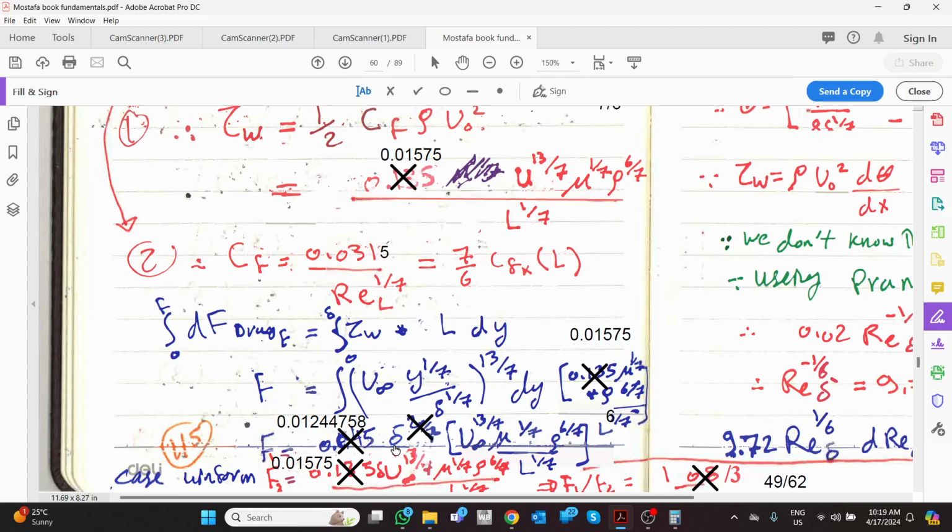And so F1 equal this term 6 over 7, and L here also it is the same concept, okay, 6 over 7. It is also 6 over 7, okay. So this term is the same. If this one is equal 1, this term will be the same.